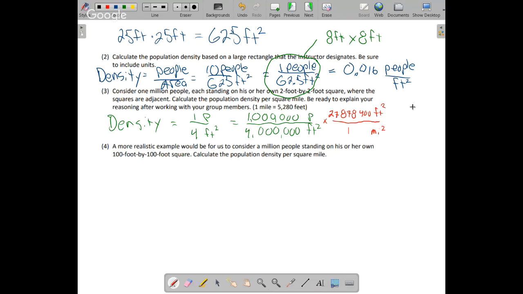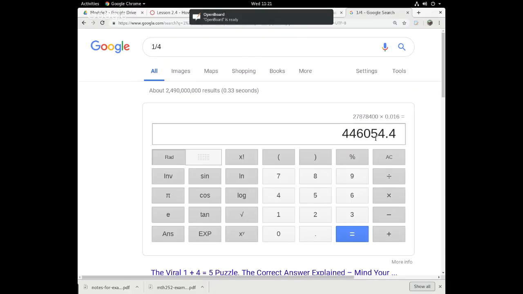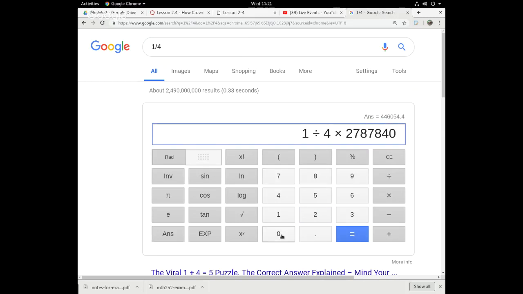So, calculator, there you are. So clear. So I want to know what is 1 divided by 4 times 27,878,400. And I get, let's see, what do I get here? 1, 2, 3, 6,969,600 people.